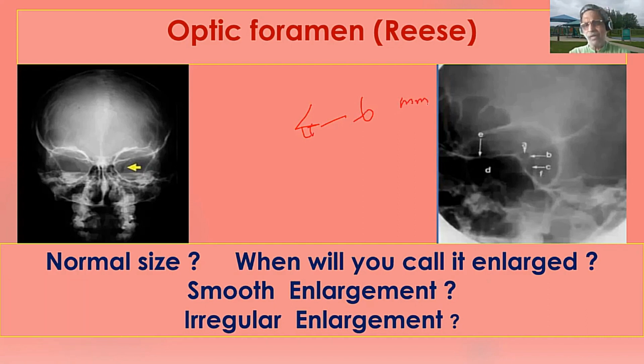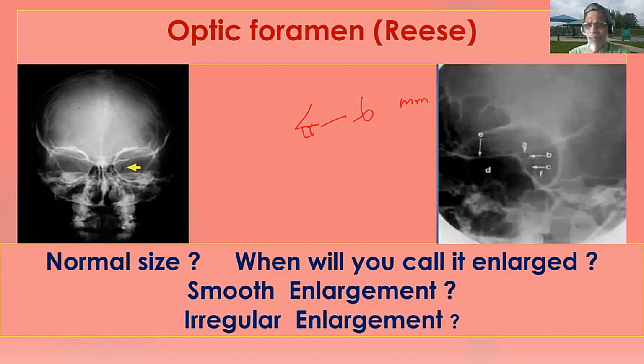Then they will ask you, when do you call it enlarged? Suppose only one side optic foramen is shown, the other side not shown. You measure it. If it is 7 millimeter, tell it is enlarged. That means if the optic foramen measures 7 millimeter, that enlargement is there, if one side is only shown.